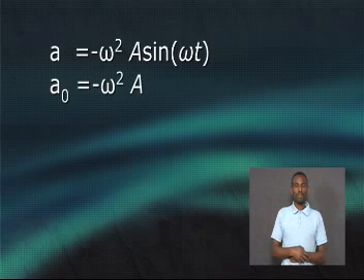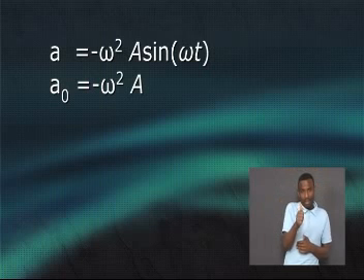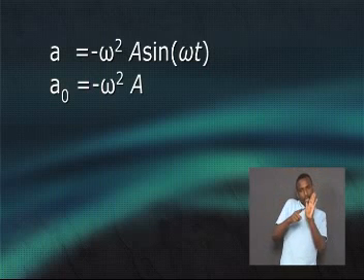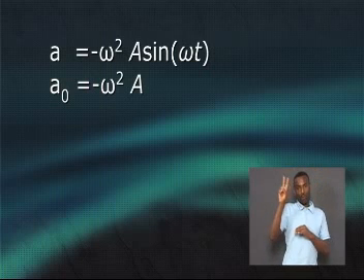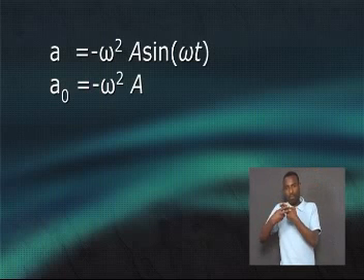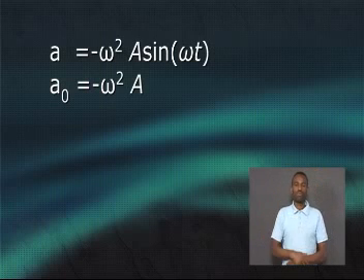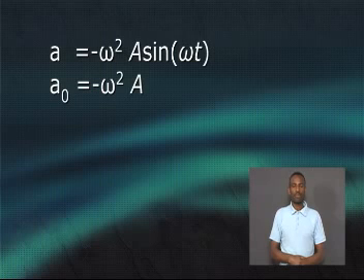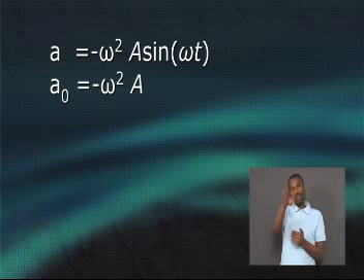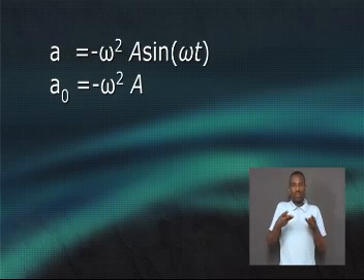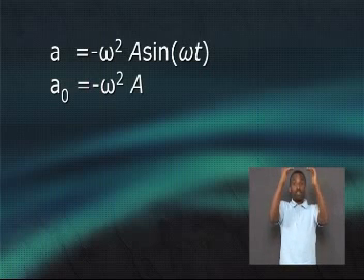The maximum size of acceleration is the negative value of the angular frequency squared times the amplitude. This equation is obtained when the mass reaches its maximum displacement.